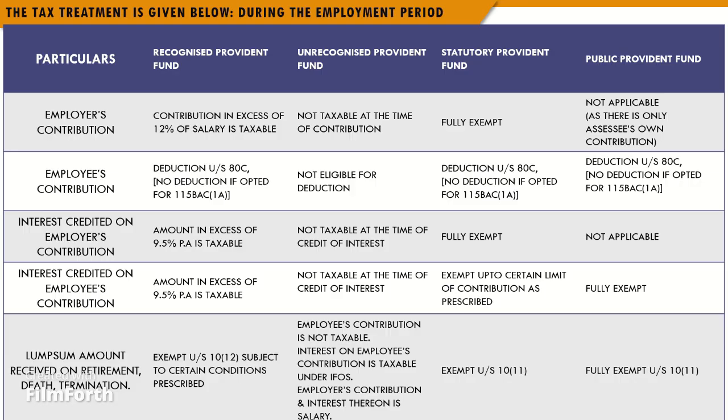Next, Unrecognized Provident Fund. Employer's contribution is not taxable at the time of contribution. Employee's contribution is not eligible for deduction. Interest credited on the employer's contribution is not taxable at the time of credit of interest.